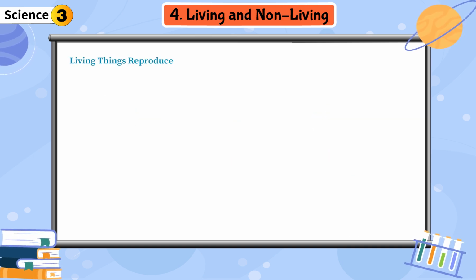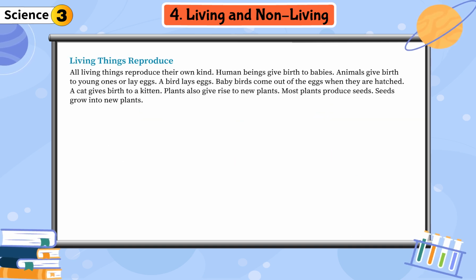Living things reproduce. All living things reproduce their own kind. Human beings give birth to babies. Animals give birth to young ones or lay eggs. A bird lays eggs. Baby birds come out of the eggs when they are hatched. A cat gives birth to a kitten.